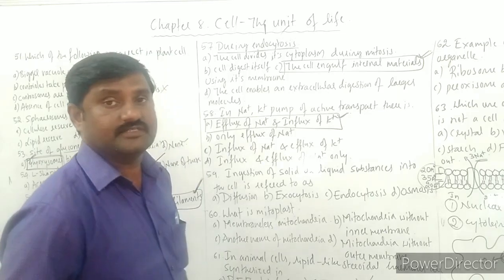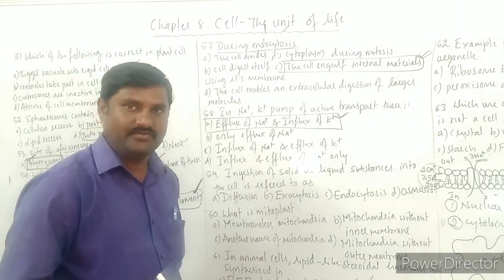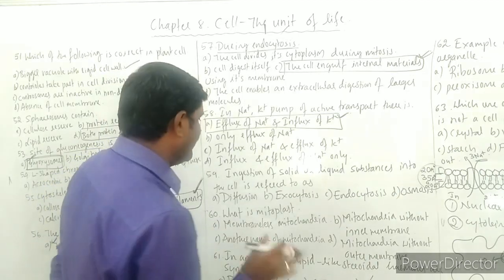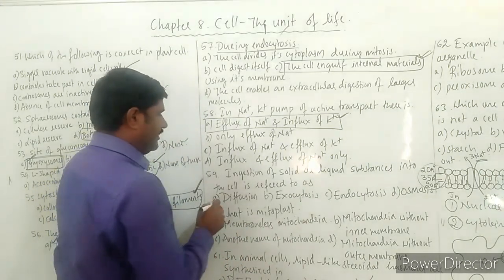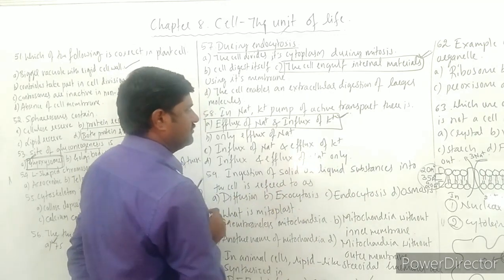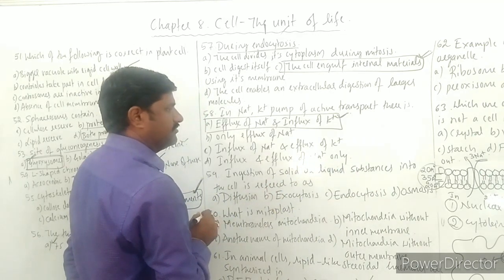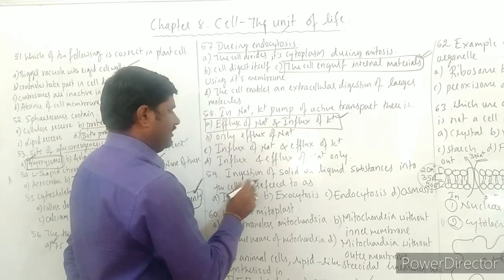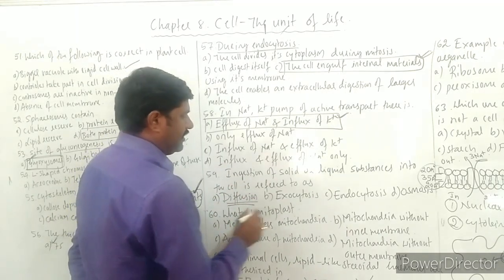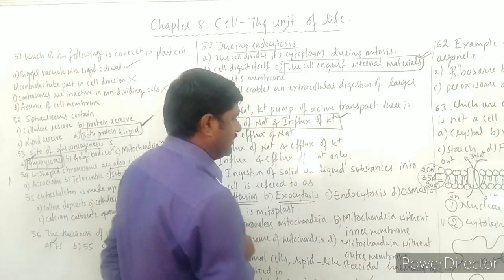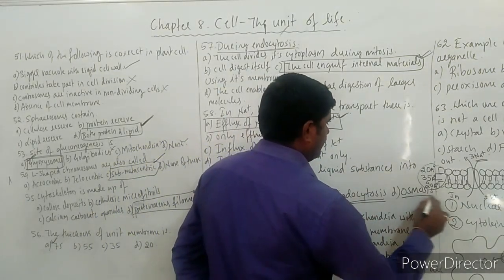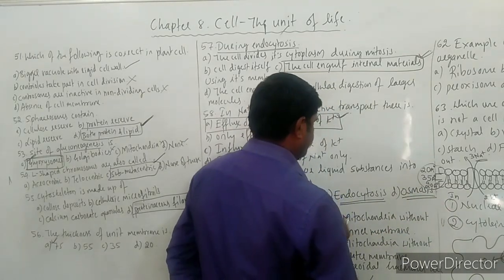Here, what are the options? Let us glance over them, because all the options would not be visible here. So it is ingestion of solid or liquid substances into the cell is referred to as diffusion, he says; exocytosis, he says; endocytosis, he says; osmosis, he says.